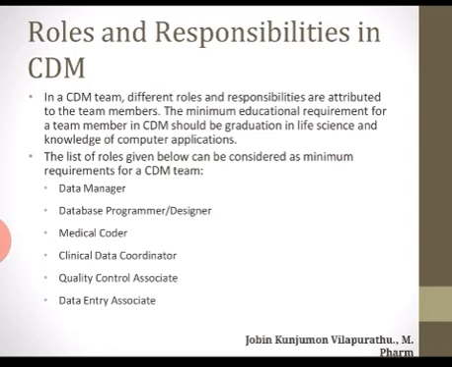The minimum educational qualification has mostly only one criterion: they should have a graduation in life science and adequate computer knowledge. The list of roles is: first of all, a data manager, a database programmer, a medical coder, a clinical data coordinator, a quality control associate, and a data entry associate.